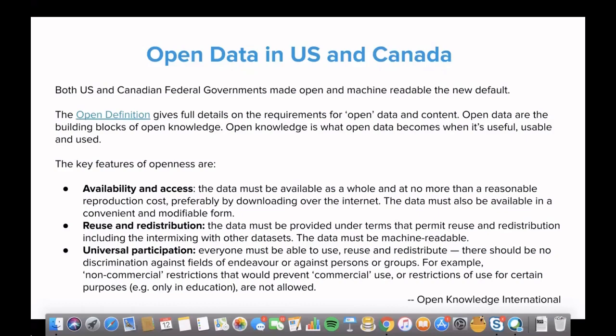There can't be any sort of caveats of use. And if anyone's interested, you can go to Open Knowledge International. A lot of governments use Open Knowledge International for both their definitions and shaping their own open data protocols.